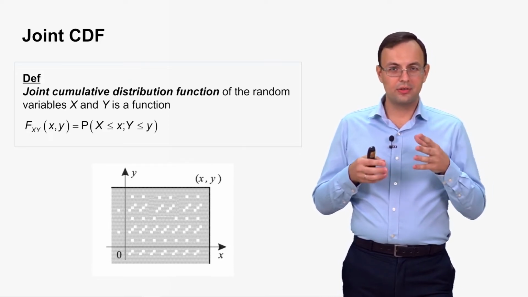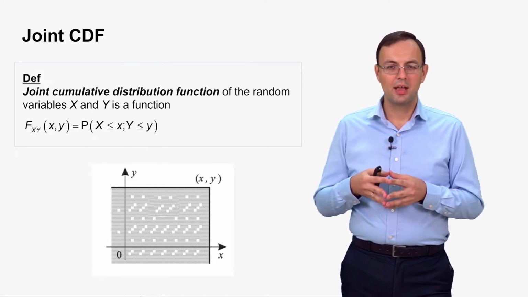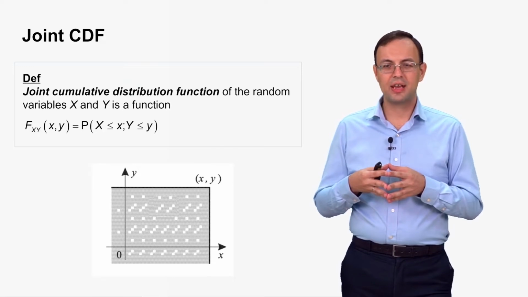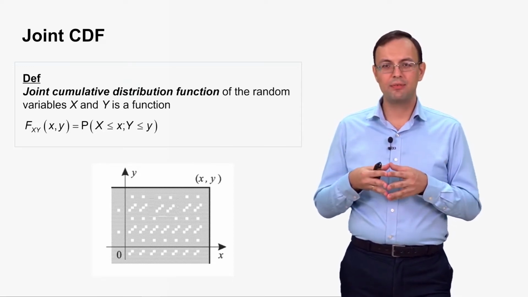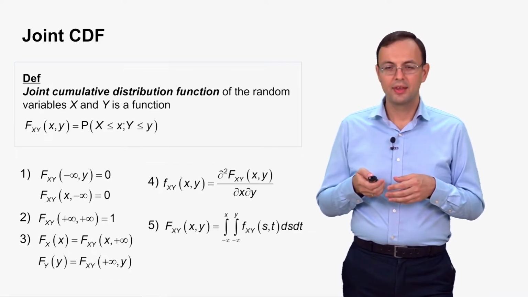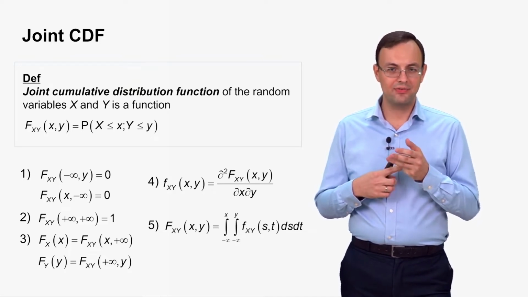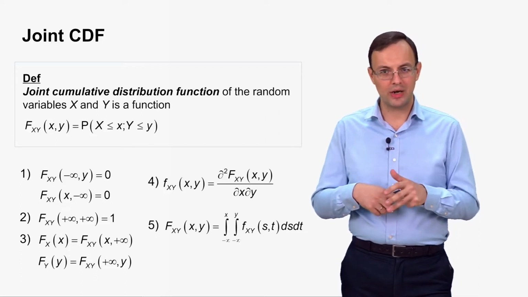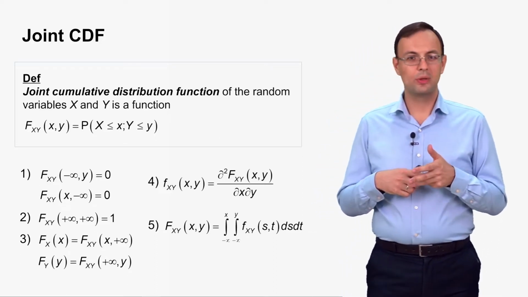As you know, scalar CDF has some important properties that limit its possible values and describe its behavior. The same situation we have for joint CDF. If we substitute minus infinity for either x or y, the result is the same: the value of the joint CDF will be 0.